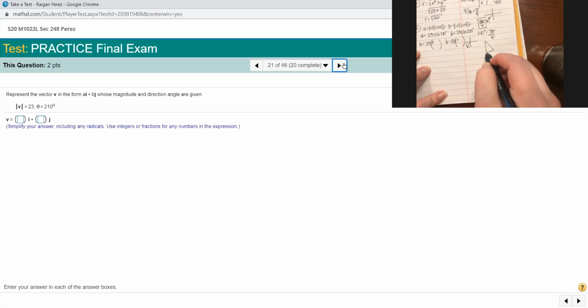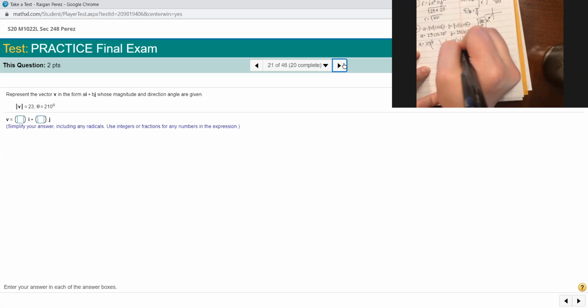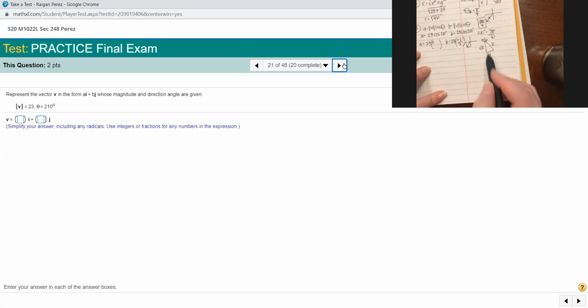And then we need my pi over 6 answers. So sine of pi over 6 is 1/2, negative 1/2, and cosine of pi over 6 is square root of 3 over 2. So here in the first part, I'm going to put in 23 over square root of 3 goes with the i.